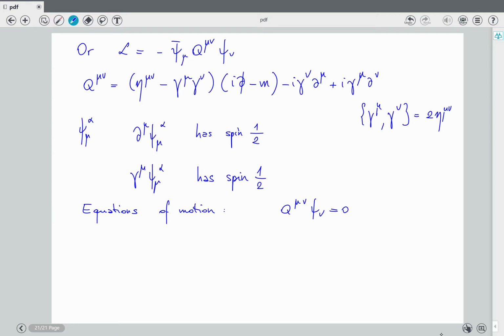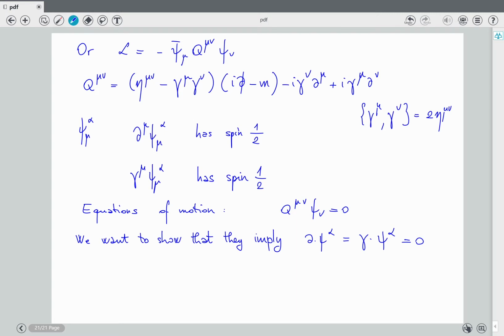And so we want to show that they imply that the objects written above vanish identically.